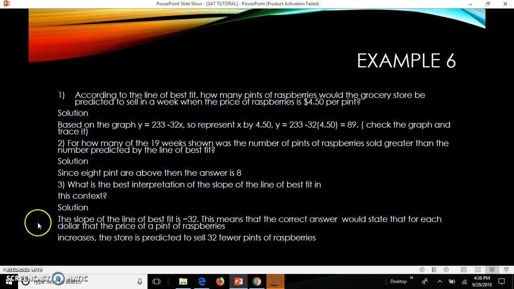According to that graph, the slope of the line of best fit is minus 32. This means that the correct answer would state that for each dollar that the price of a pint of raspberry increases, the store is predicted to sell 32 fewer pints of raspberry. So the higher the cost, the less they can sell. So that's that.